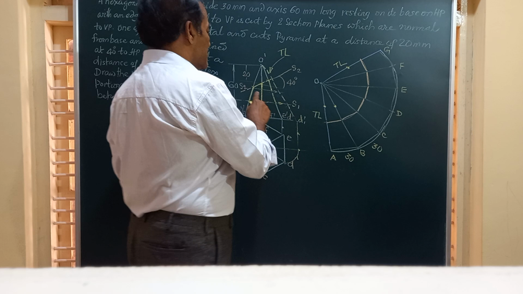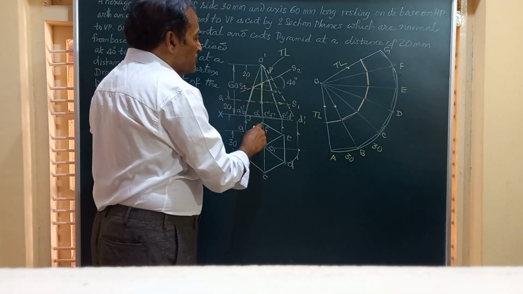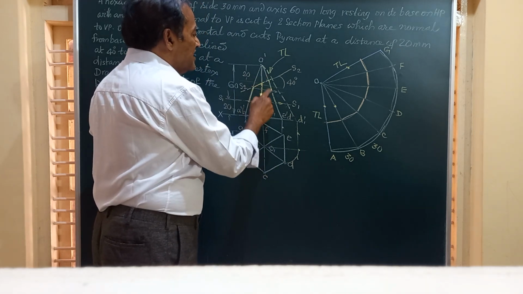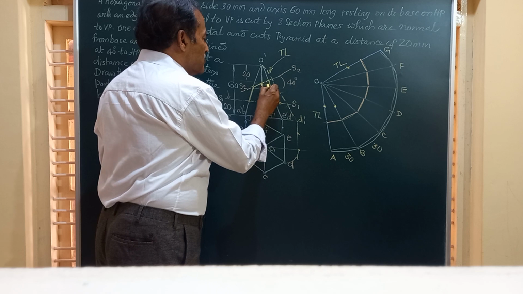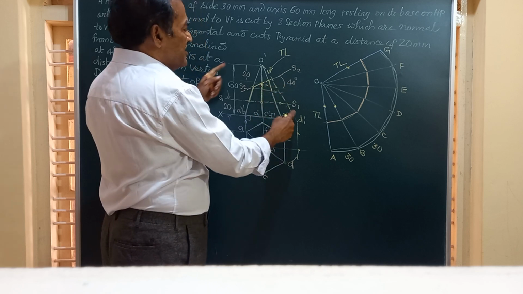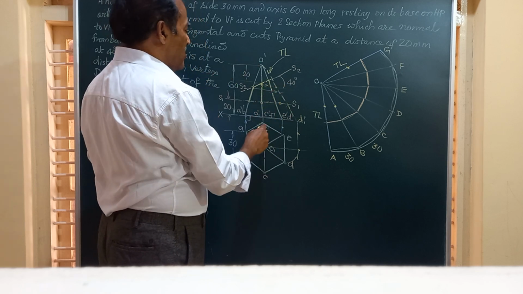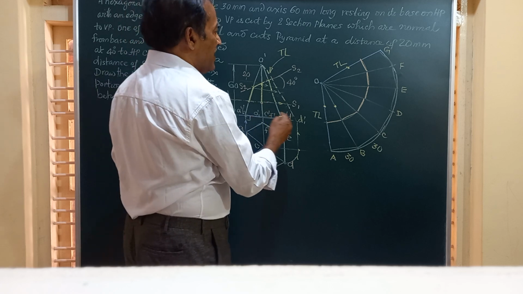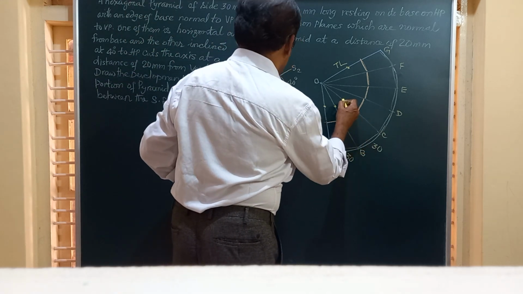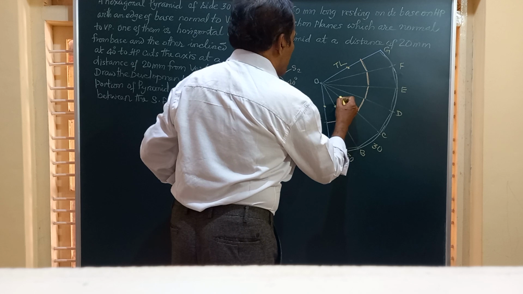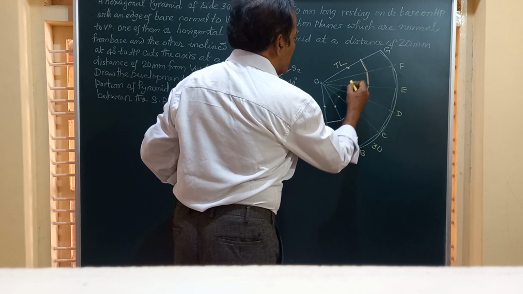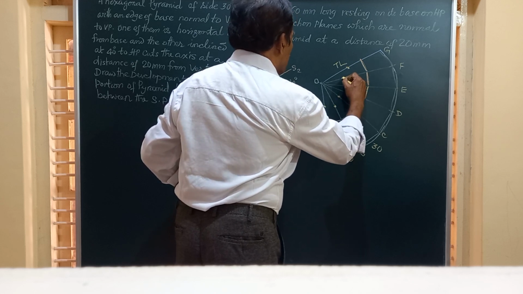So I have marked this point. Next, OC and OD are cut here. They are also not true length. So shift that to the last line, that is the true length line. Take that on OC and OF. So on OC, I just take this point. On OF, again that point.